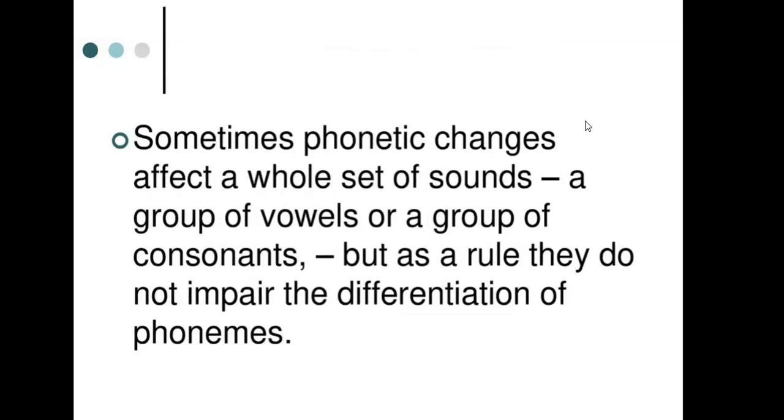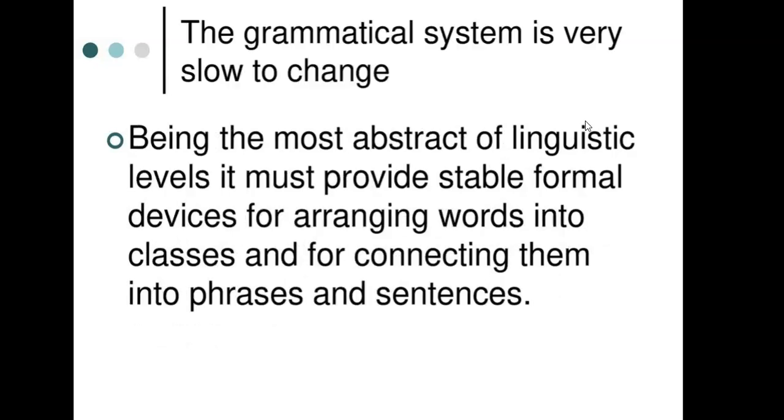Sometimes phonetic changes affect a whole set of sounds, a group of vowels or a group of consonants, but as a rule, they don't impair the differentiation of phonemes. Grammar, being the most abstract of linguistic levels, must provide stable formal devices for arranging words into classes and for connecting them into phrases and sentences.